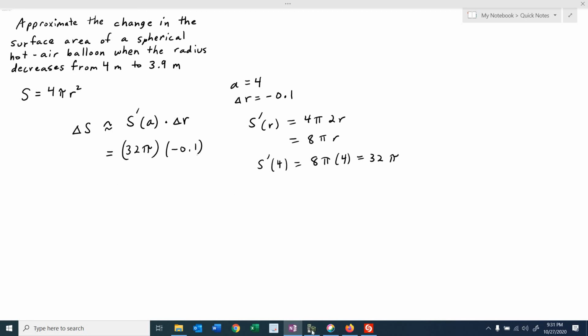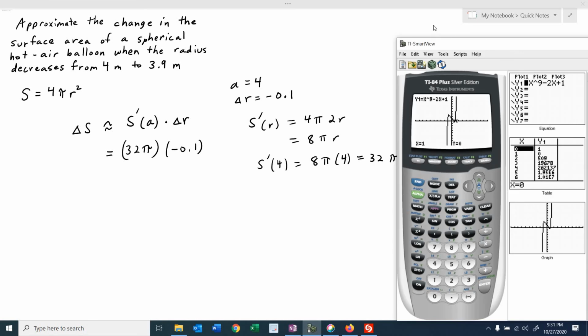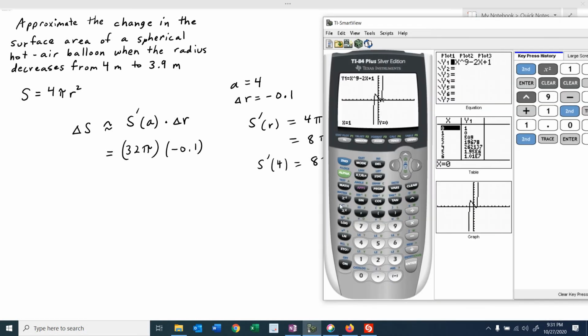Okay, and so let's just plug this into the calculator and see what we get. So 32 times pi. Pi is somewhere on here, right here.